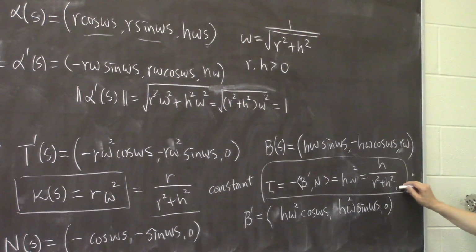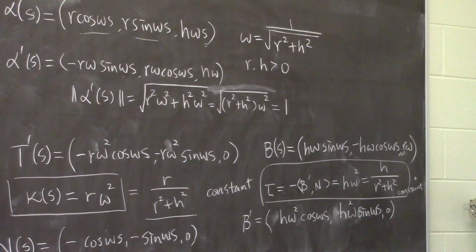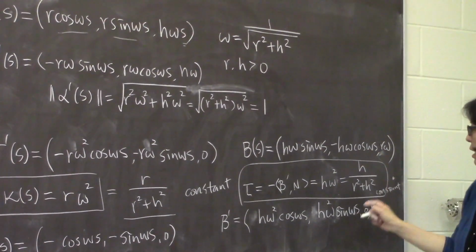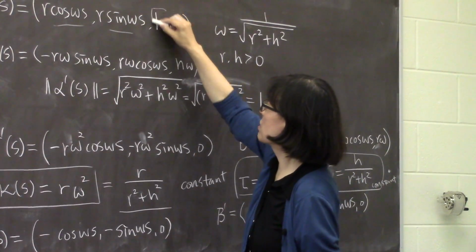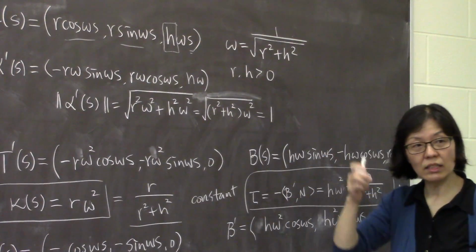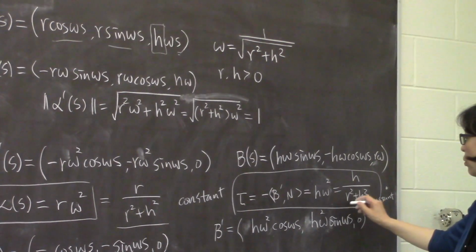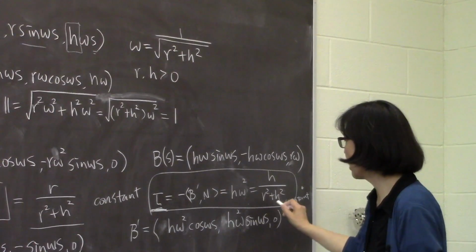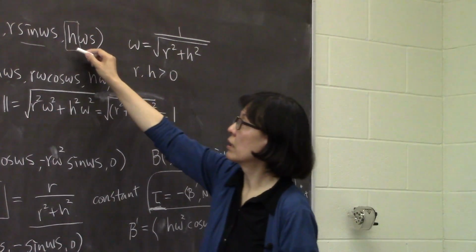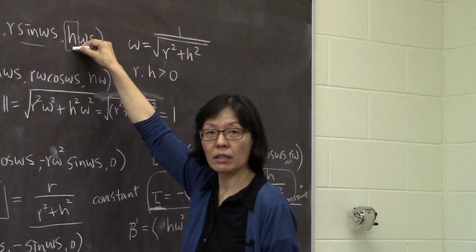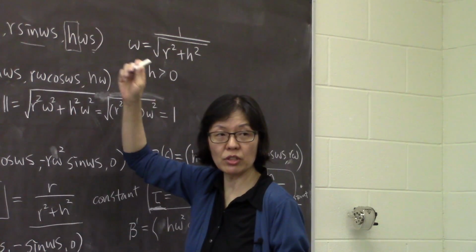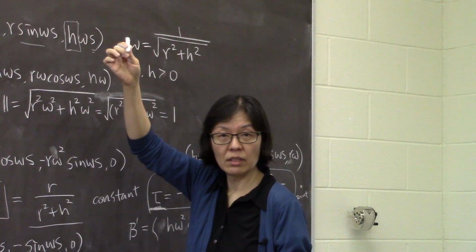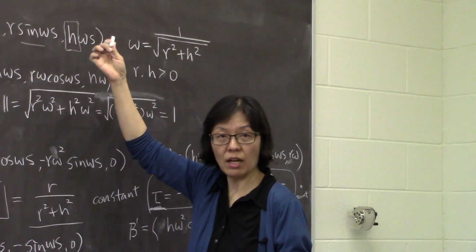And this is a constant as well, right? Because R is the radius of the circle, and H is a constant from the z coordinate. So what is the meaning of that? Actually, the torsion is a constant. That H measures how much it goes. This circle goes up, right?